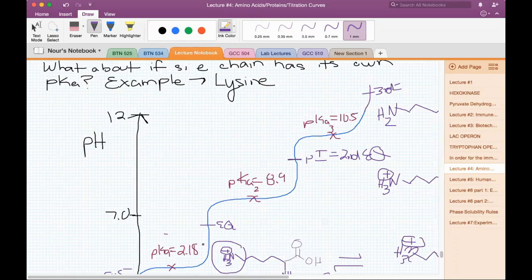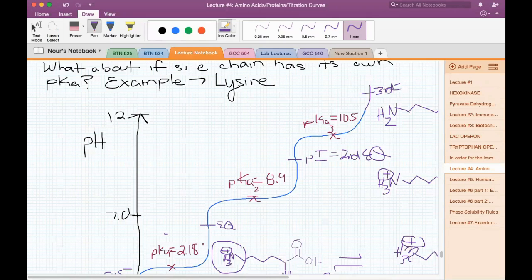Tyrosine has a pKa around 6, but or no, it has a 10.5, I believe, but you have to double check. Glutamate and aspartate, they both have pKa's around 4.5 because it's the second carboxyl group, so it has to be a low pH.